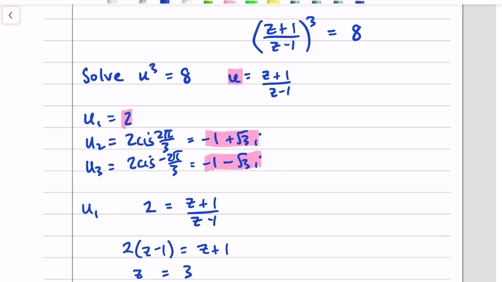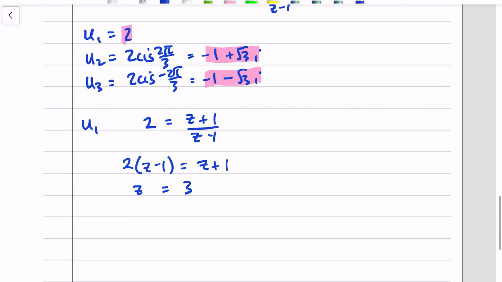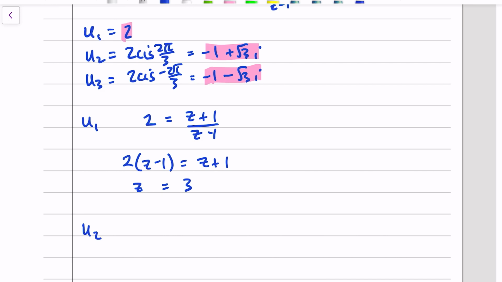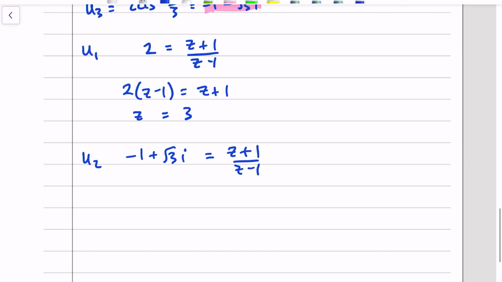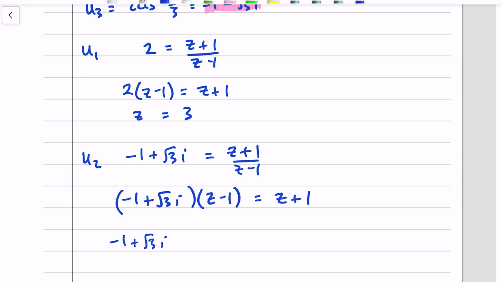That's quite helpful. Okay, and then the other ones, u2, we've got minus 1 plus root 3i equals z plus 1 over z minus 1. This one here is not as nice to rearrange. Okay, leave the terms with the z on the left hand side. So we've got minus 1 plus root 3i all times z.